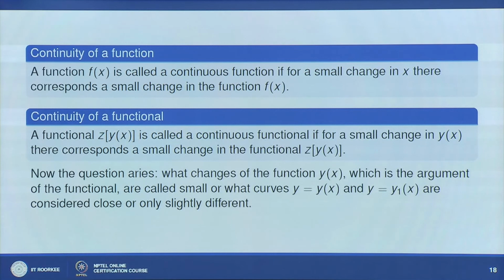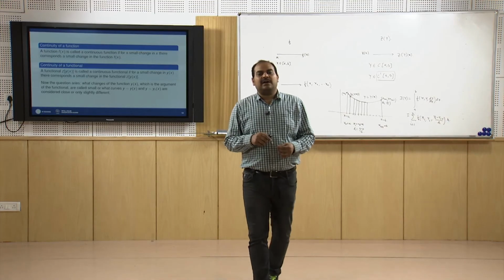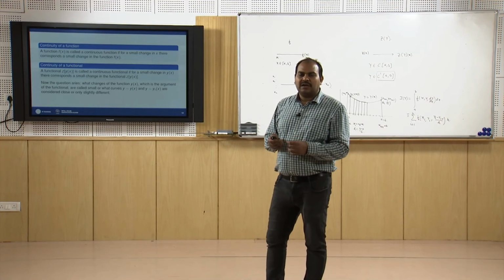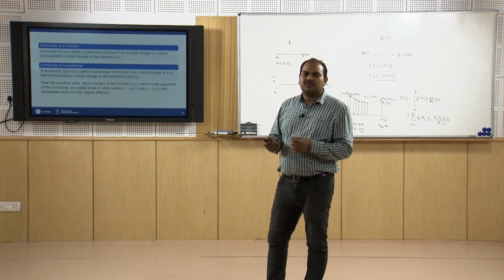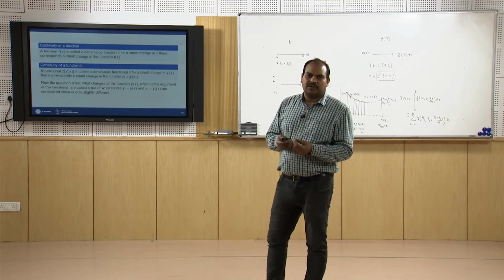So it means that if in the argument y of x we replace another function, say y1 of x, and there is a small change between y of x and y1 of x, then we try to find out whether the difference between the functionals is small or not. If it is small, we can say that your functional is continuous. If it is not small, we say that your functional is not continuous.